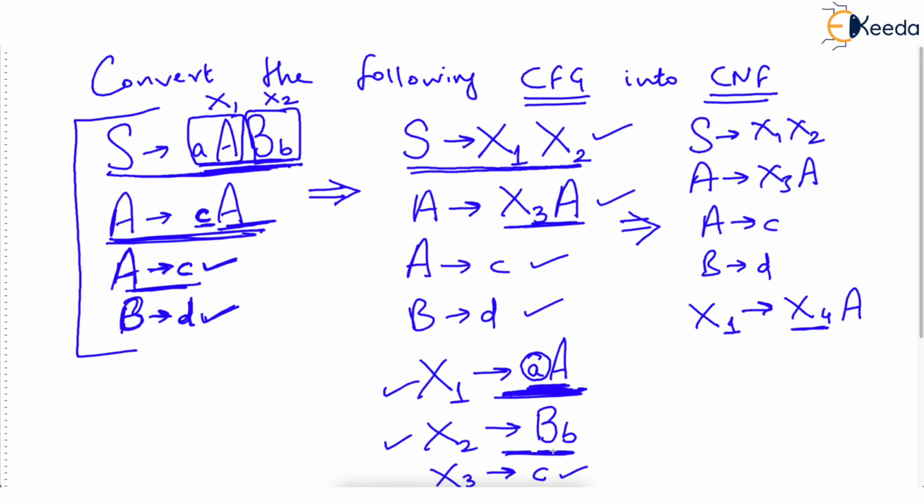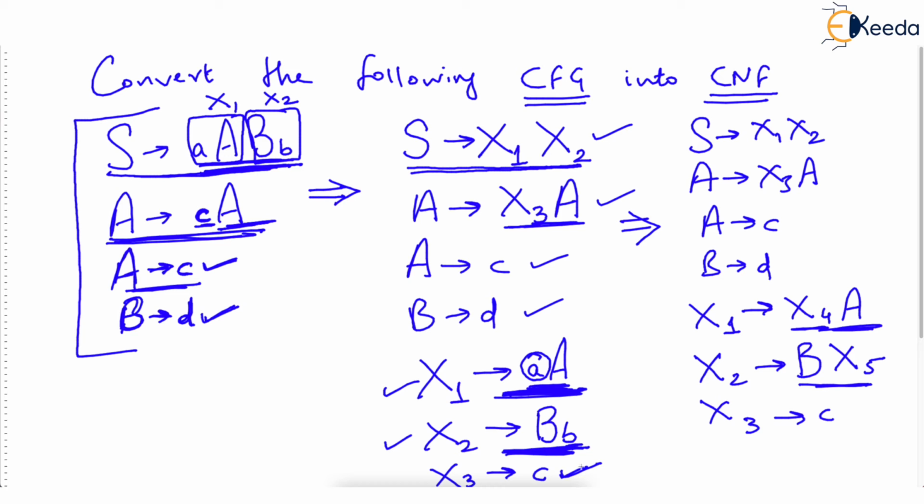Look at this, x2 derives BB. Now I will write this as x2 derives capital B, already one non-terminal, and this small b I will call x5. Just check, the right hand side now contains exactly two non-terminals. By the way, x3 already derived c.